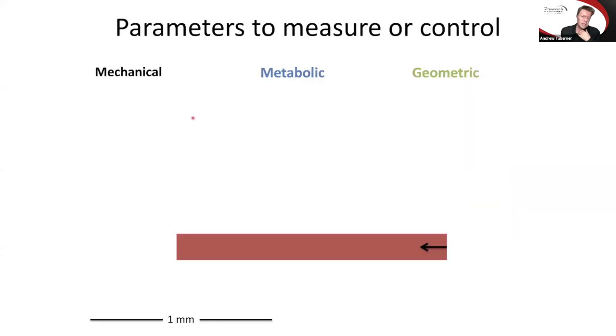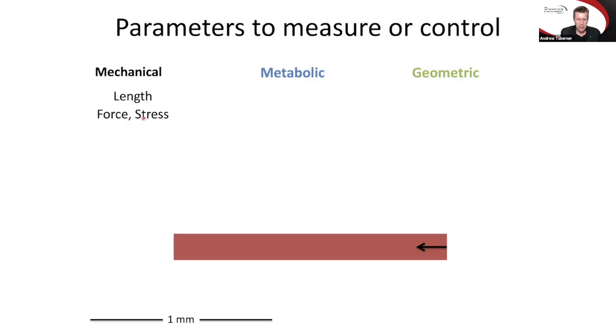Let's now think about what we would want to measure if we wished to measure the performance of this one-dimensional actuator from which the heart is constructed. So there are mechanical parameters we might wish to measure, such as length and force and stress.